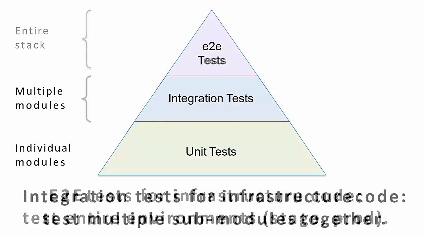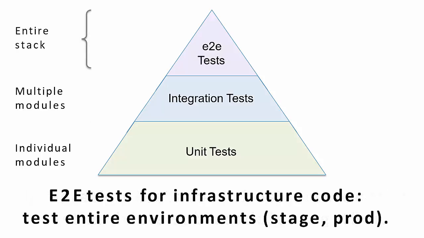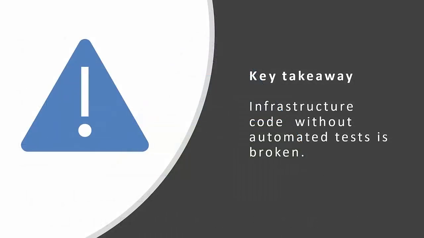So the final key takeaway for this section is infrastructure without automated testing should always be considered broken. It is a point-in-time function and is only valid at that single point in time.